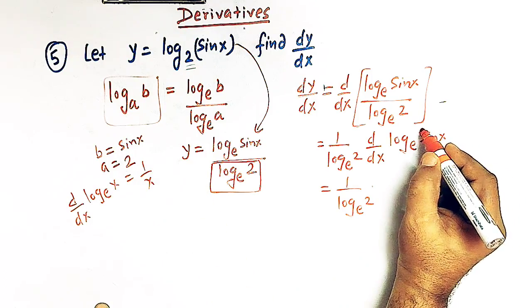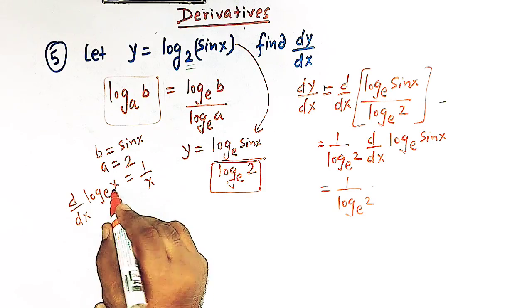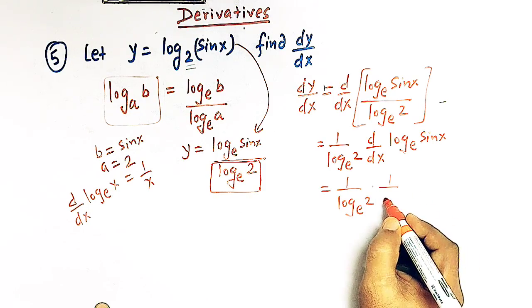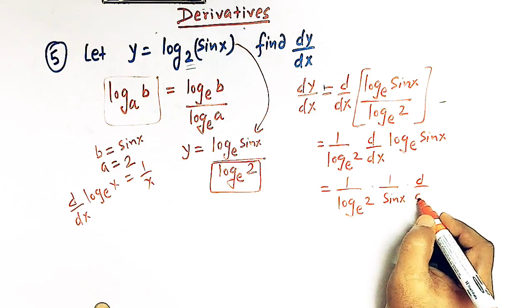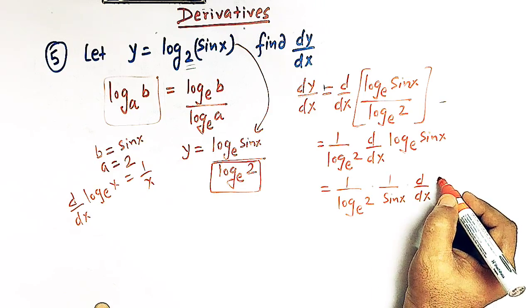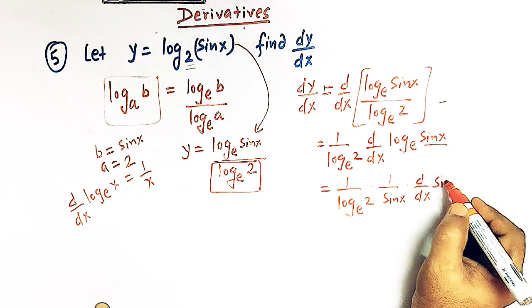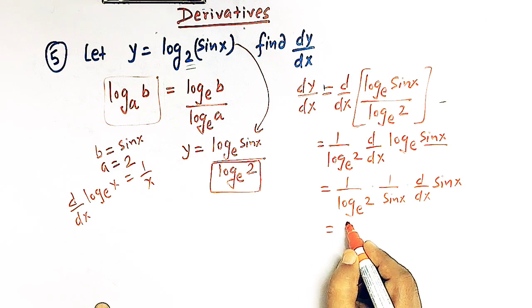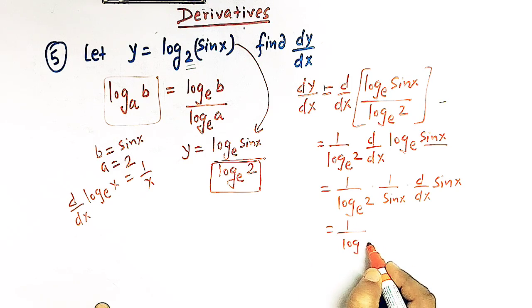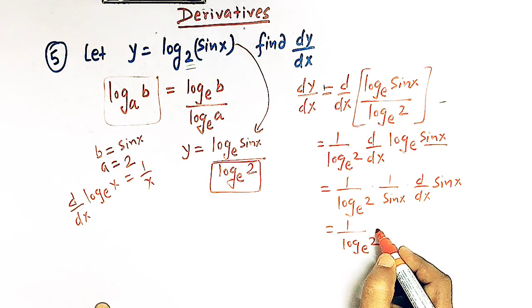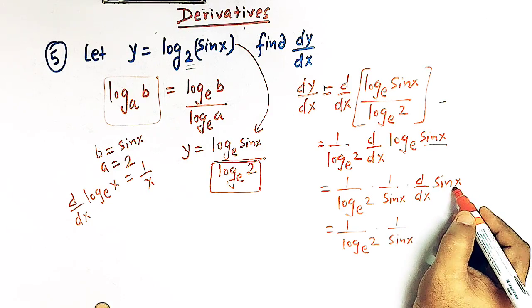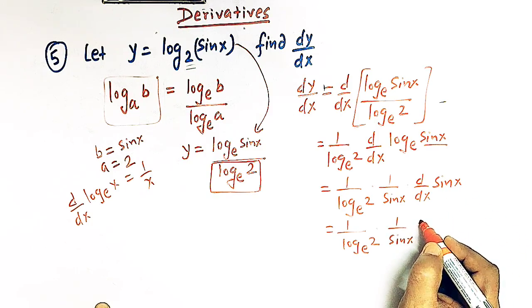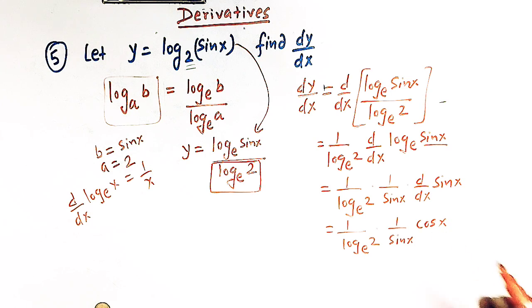So here first we'll treat sine x as x. So we have 1 over sine x, and then by chain rule we have d by dx of sine x. So we have 1 over log 2 to the base e, 1 over sine x, and the derivative of sine x with respect to x is cosine x.